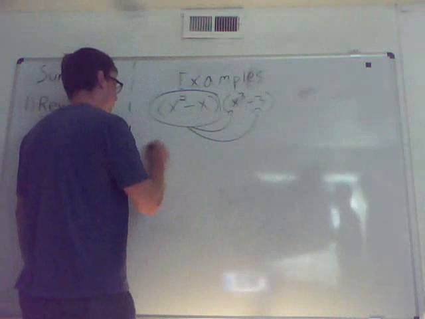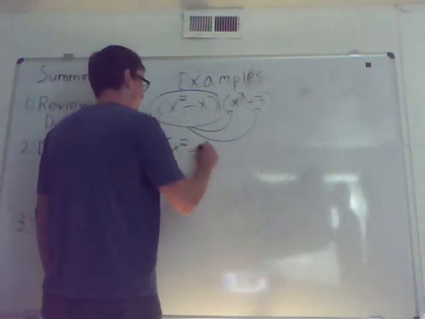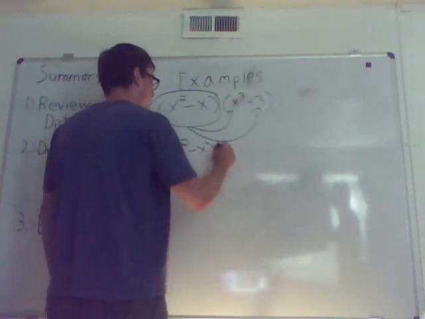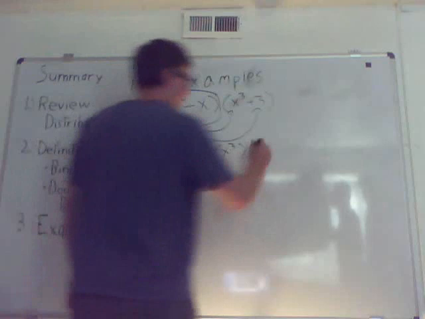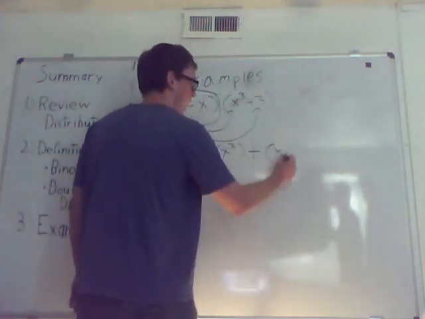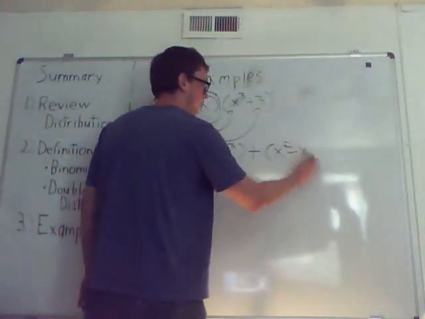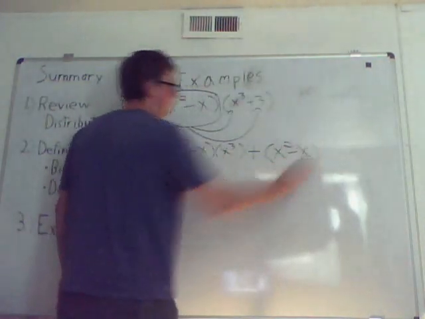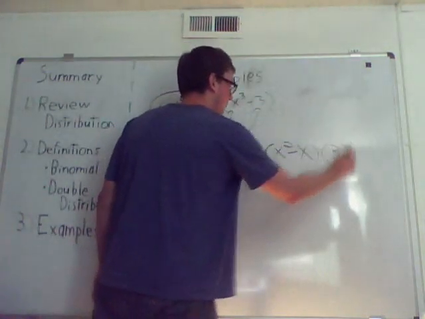So it ends up looking like we're equaling (x squared minus x) times x cubed, we add that to (x squared minus x) times 3.